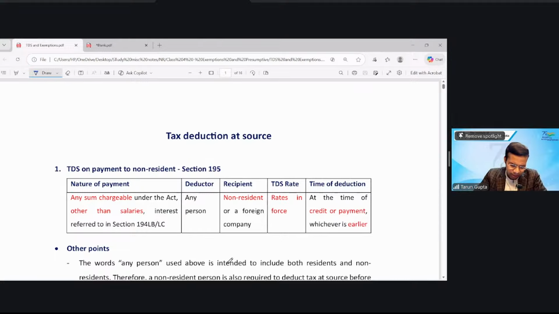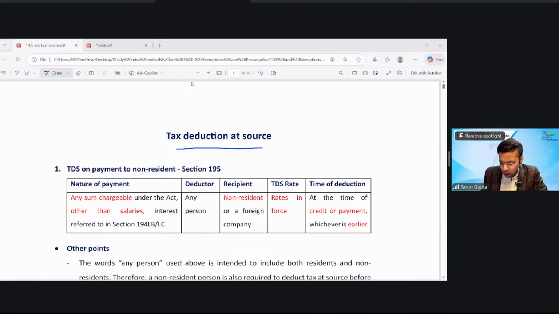Today we are discussing the TDS, tax deduction at source. If I ask you what is TDS, though this is not precisely my topic, can you answer me what is TDS? Is it taxability? Is it a taxable provision? See, if you go to the basics, there are three or four types of provision in the income tax.